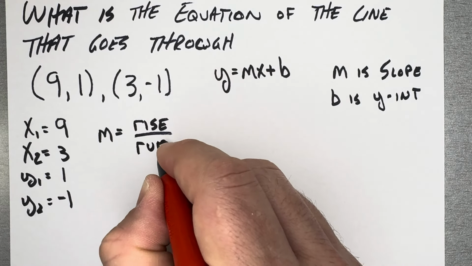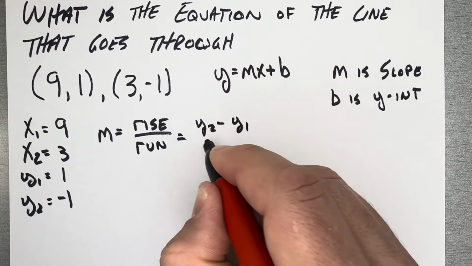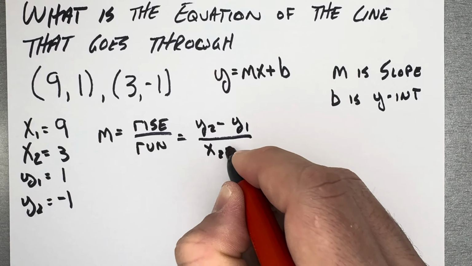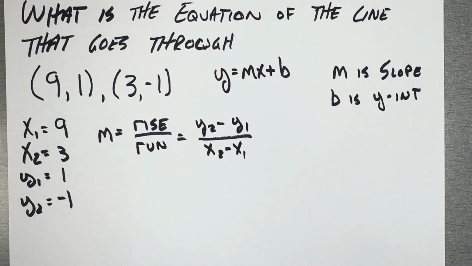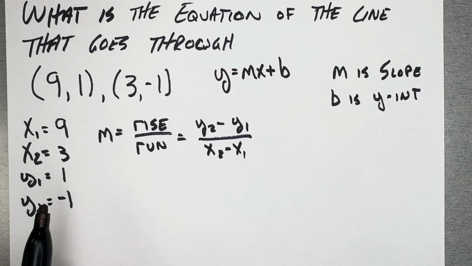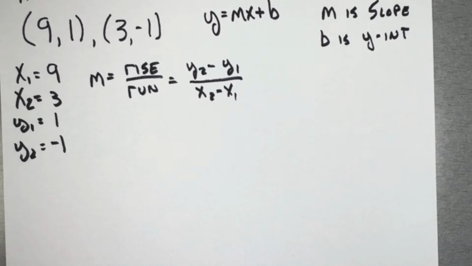That's graphically. Mathematically, it's the change in y values over the change in x values, so y2 minus y1 over x2 minus x1. Now all I have to do is pull from my little list and plug the appropriate values into the appropriate places.